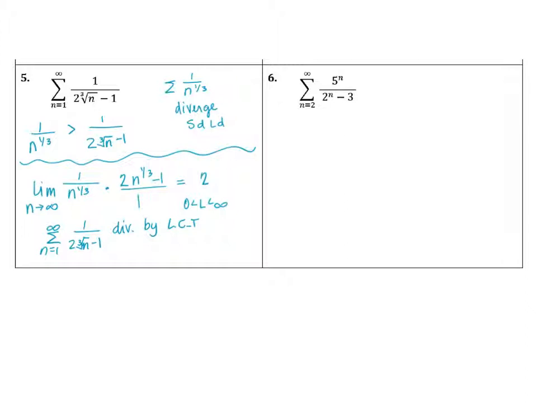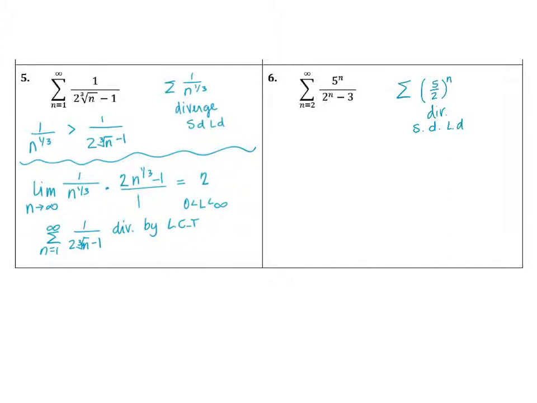And so notice that with this one, it sure does look like right here, we can compare that to 5 over 2 to the nth, and we know that that diverges. So if we diverge, then we have to show that smaller diverges, then larger diverges.